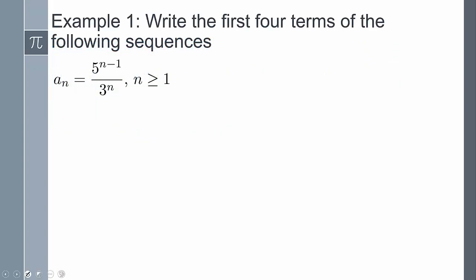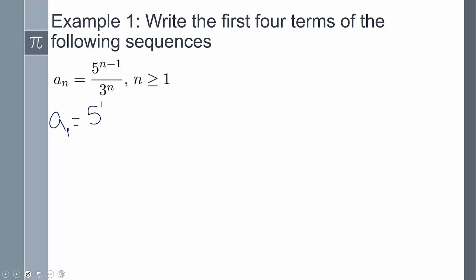So let's look at a sequence. So like I said, this is a sequence. Instead of writing out all those individual numbers, we have compacted it into a single formula. So in finding what those first four terms are, what we're looking for is a sub 1. So if my n is 1, that means you plug in 1 into the formula.